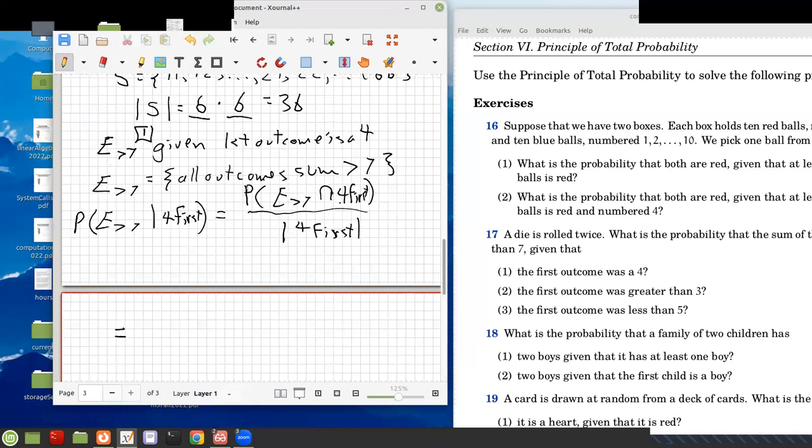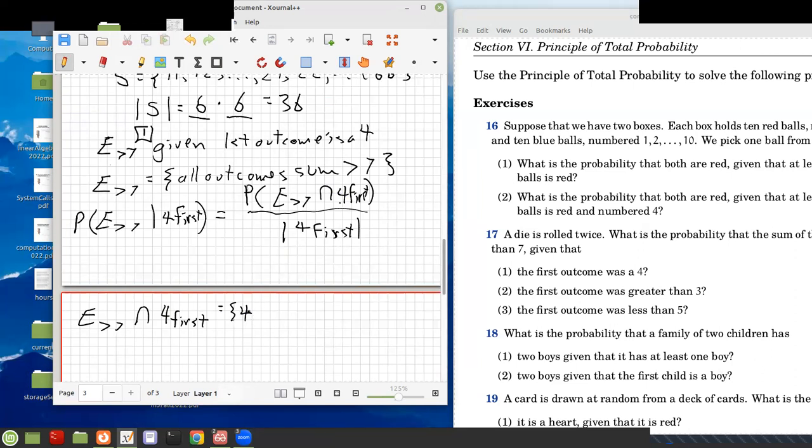First of all, the intersection of a 4 first and greater than 7, let's see what are the outcomes in this event, E greater than 7 intersection 4 first. Maybe it's going to be easy to count these, because it's going to be 4, and then we have to have 7 or larger.